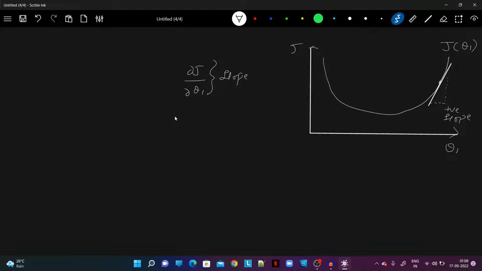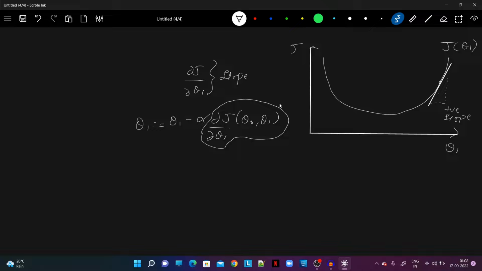So what will happen when you update that particular value, that is theta 1 equals theta 1 minus alpha del J over del theta 1 of theta naught comma theta 1? This is basically the slope of the J value with respect to theta 1. At this particular value of theta 1, your slope is positive.